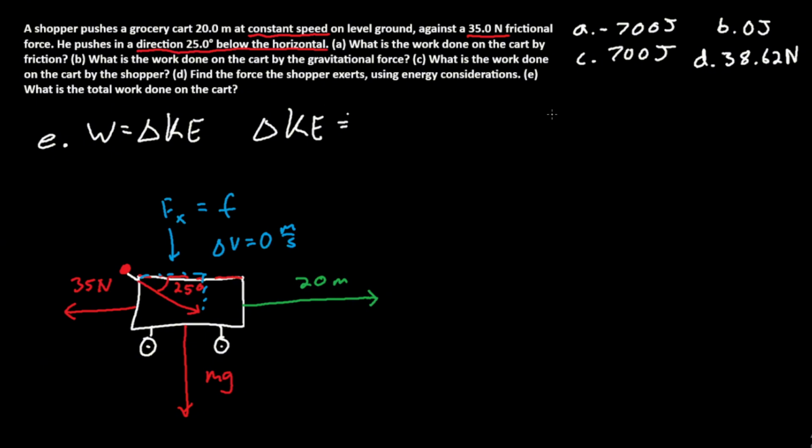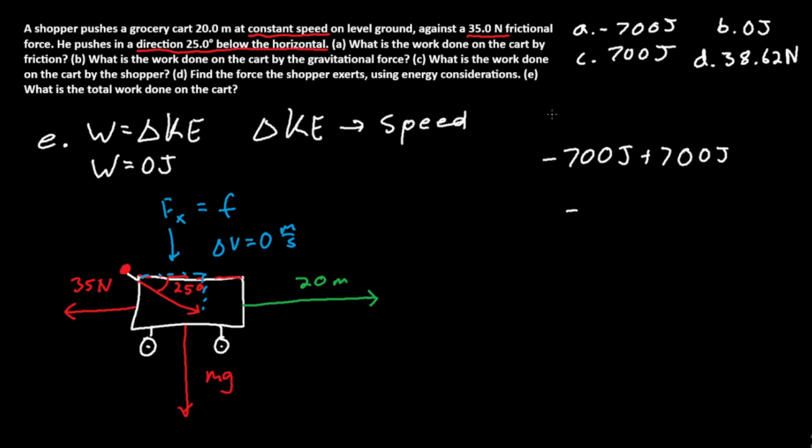So your kinetic energy changed by 0, therefore your work changed by 0 joules. So what is the total work done on this cart? You didn't even need to calculate anything to solve for that. But if you were to add both the work of the friction and the work of the push force, you would get 700 joules plus negative 700 joules, which equals 0 joules. So your work done is in total 0.